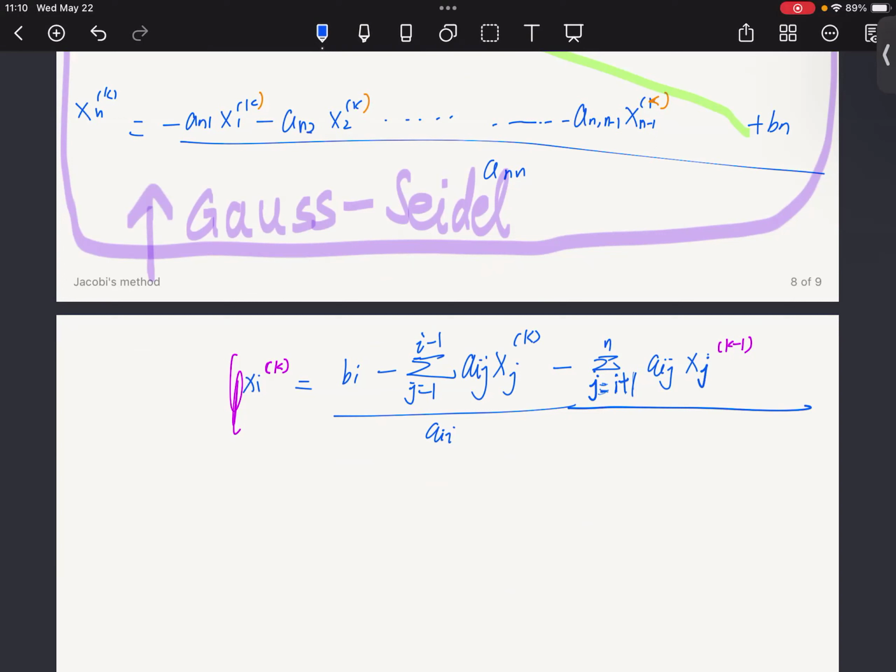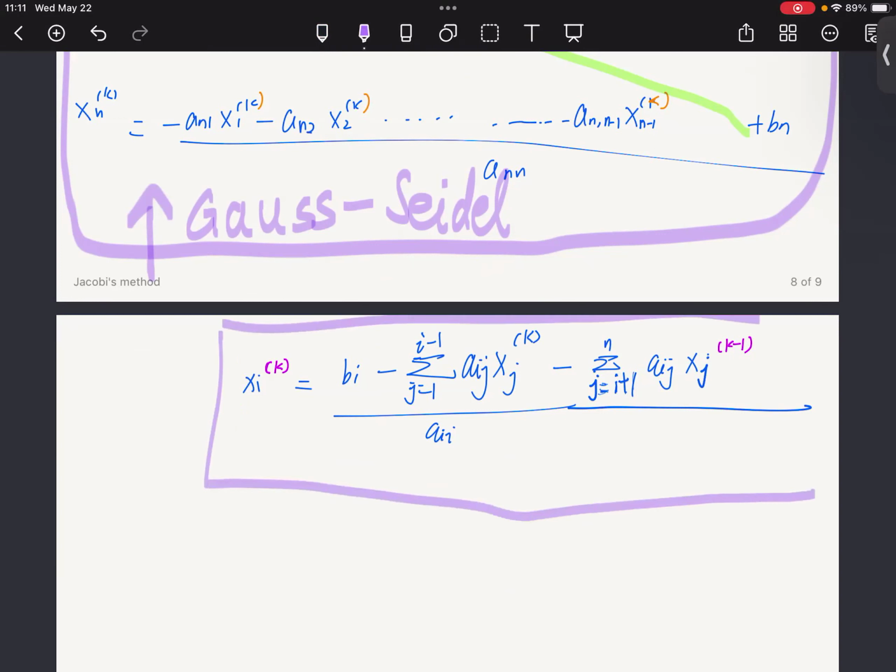So we have the superscript k here, and this is the Gauss-Seidel formula, all things in one formula. And this is for i equals 1, 2, up to n, because we have n components to calculate for the k vector.